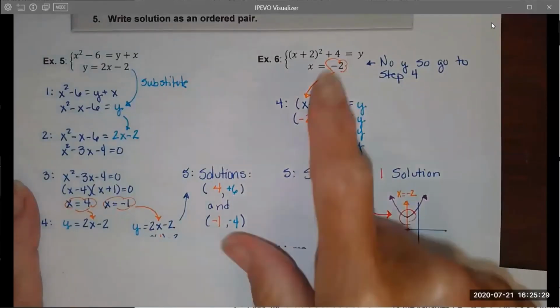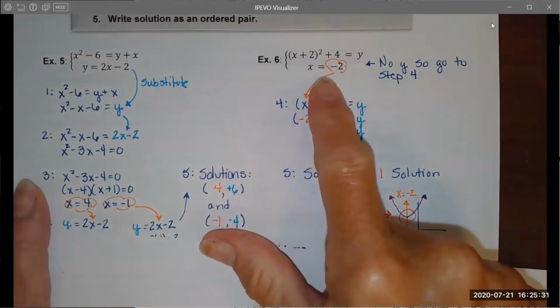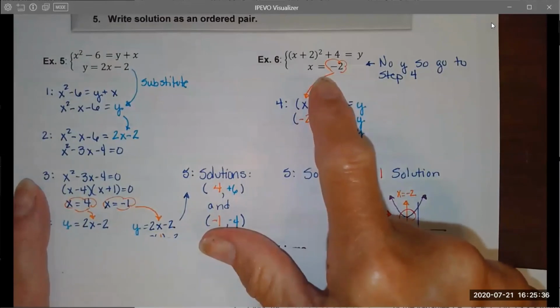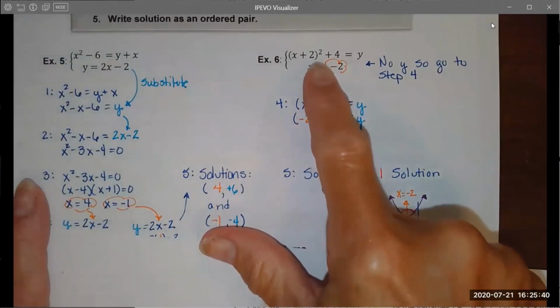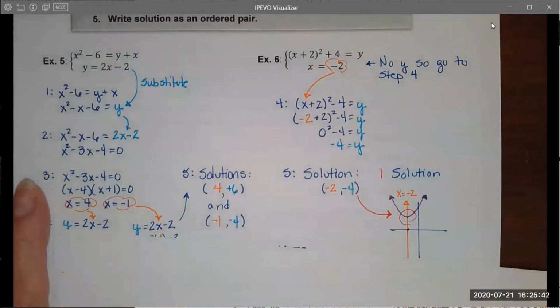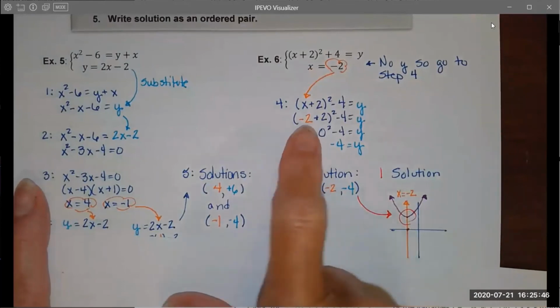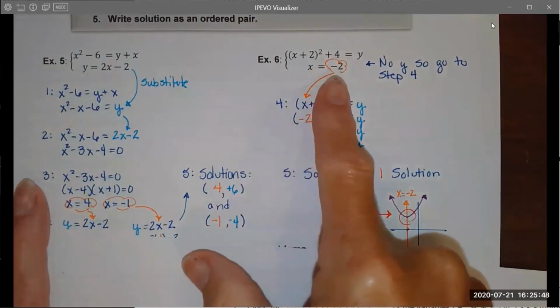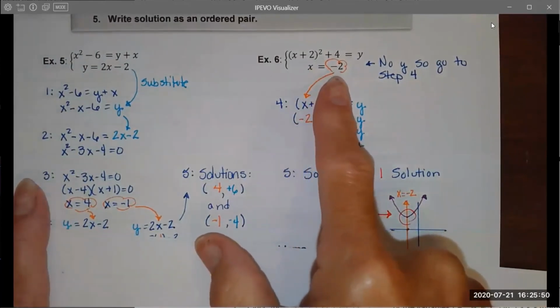All right, I hope you noticed that in example 6, much like in the middle example on the previous page, this is a vertical line. So I know that a vertical line crossing a quadratic function will have one intersection. I actually love this problem because there's not a whole lot of work that needs to be done.